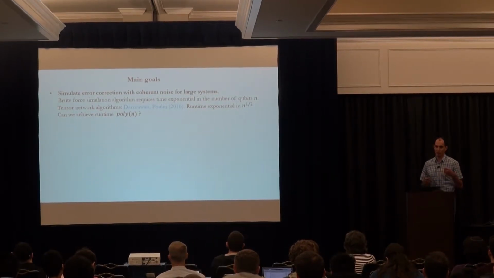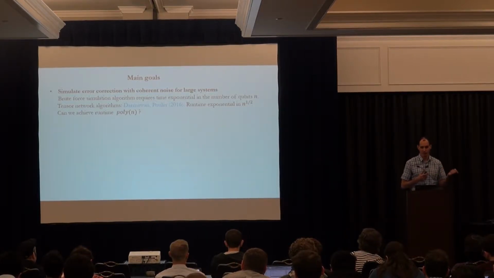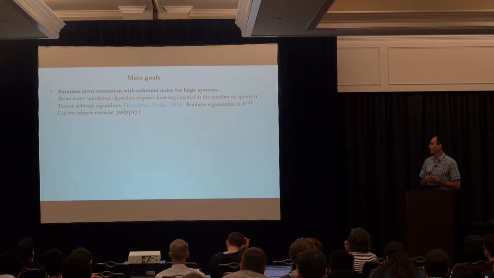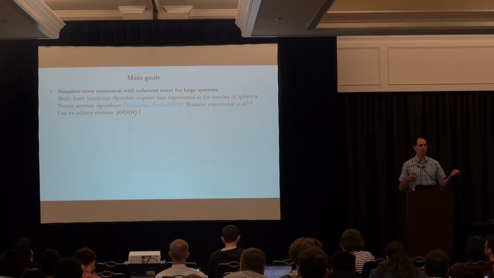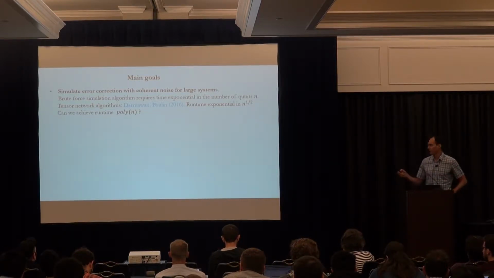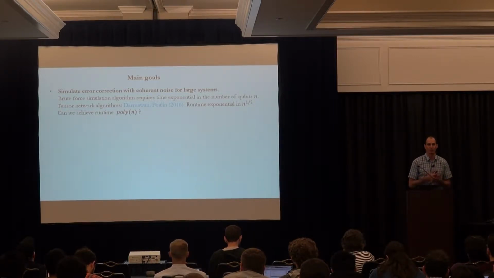Now, in the case of Pauli errors, we can do numerical simulations very efficiently using the Gottesman-Knill theorem. But in the case of coherent errors, we basically have to do exact simulations, and the brute force algorithm requires time growing exponentially with the number of qubits.